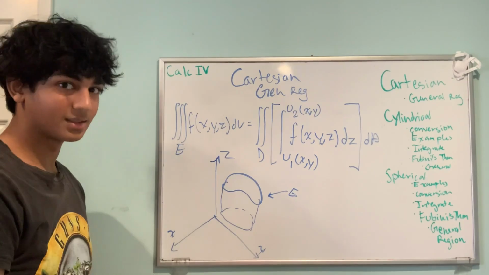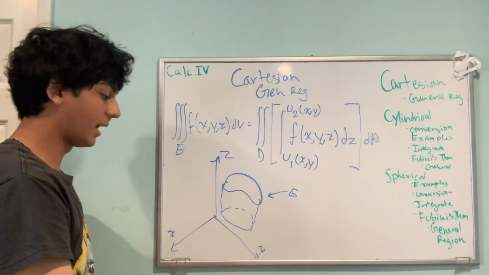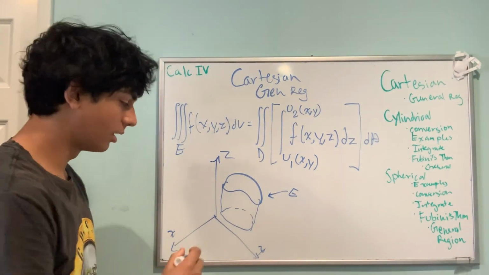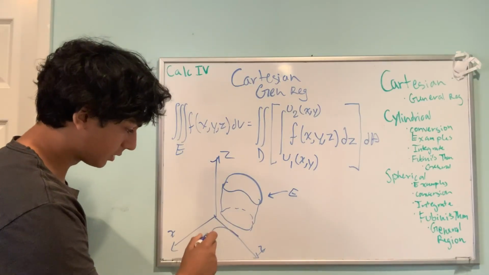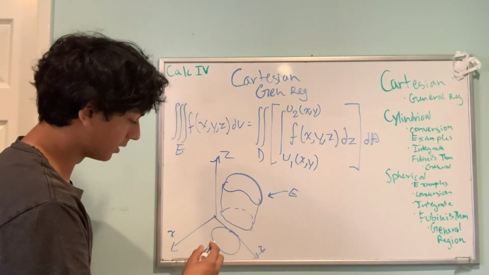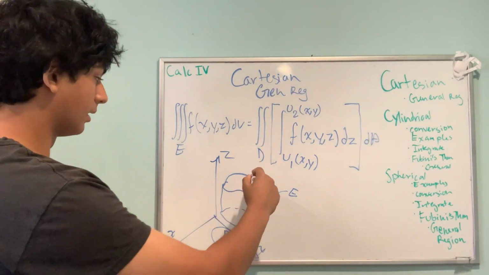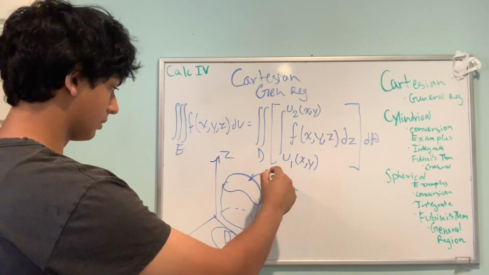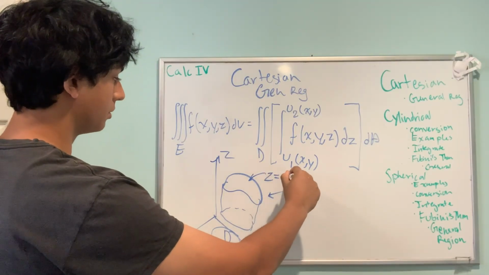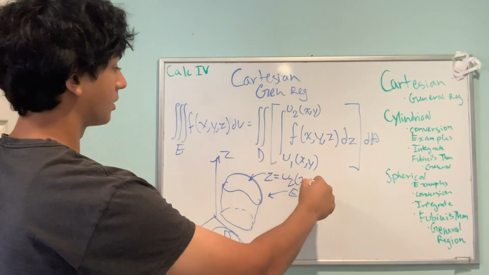Now it has the projection onto the xy plane, kind of like a shadow, where this little circle down here, well, not really a circle, but you get what I mean. This is D. And this top part here is z equals u2(x,y), which is our upper bound.